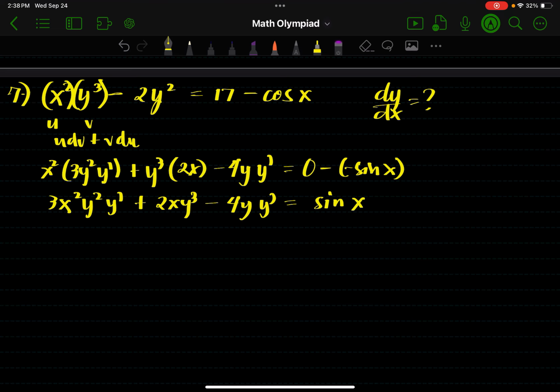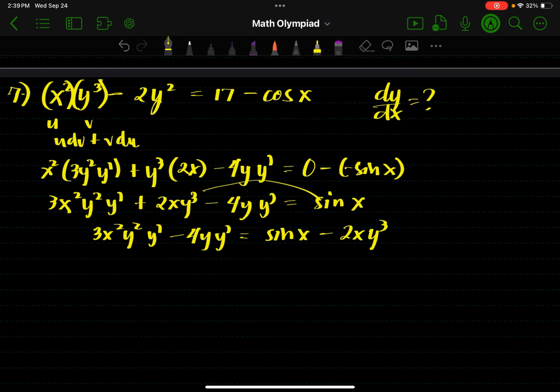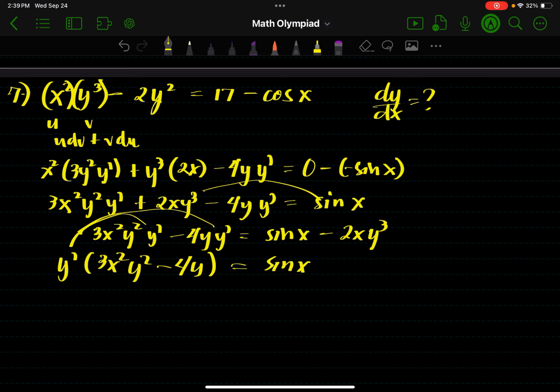Transpose terms without y prime. So the remaining terms on the left side of the equation are 3x squared y prime minus 4y y prime. And we have sine x, transpose positive 2xy cubed will become negative 2xy cubed. Then factor out y prime times 3x squared minus 4y equals sine x minus 2xy cubed.